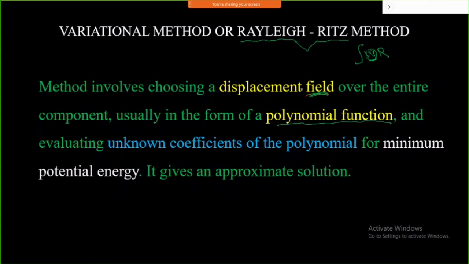In this polynomial, we start with the assumption that u is a0 plus a1x plus a2x square and so on. These are the constants we determined previously by using boundary conditions and satisfaction of the differential equation. The same thing we are going to do here.